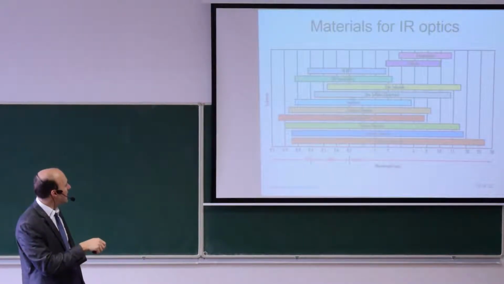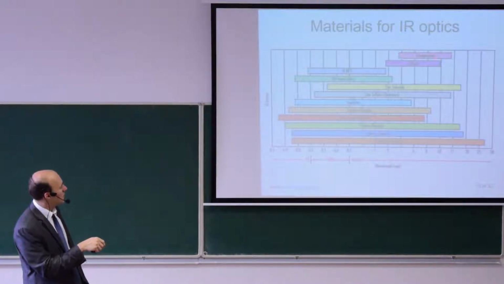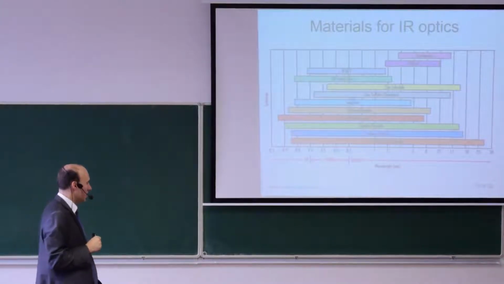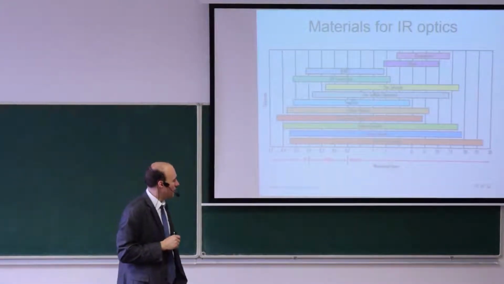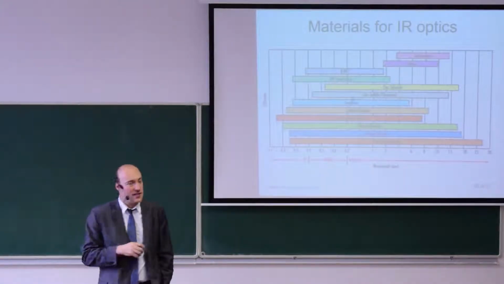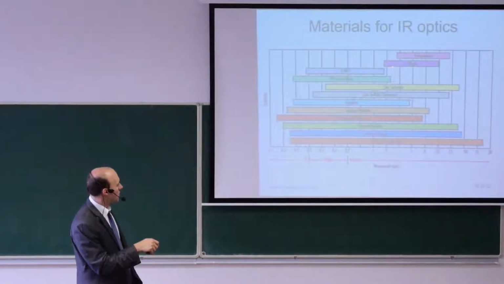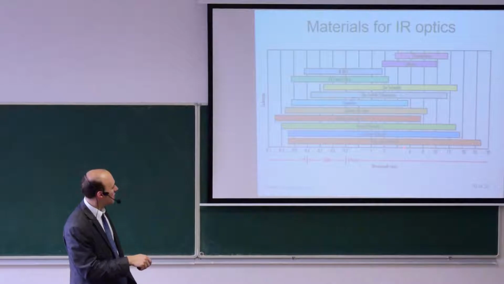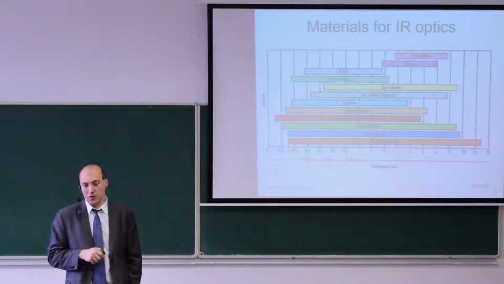And you can see that here we typically are using silicon or germanium. Those materials are quite suitable for infrared optics. And you can see in what range this works. So silicon works roughly between 2 micrometers and 10 micrometers.